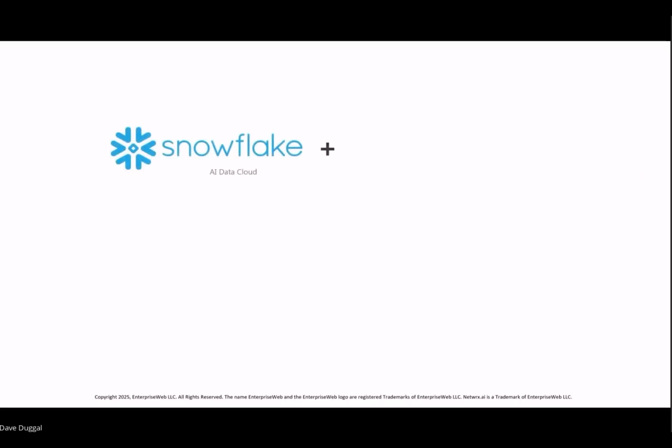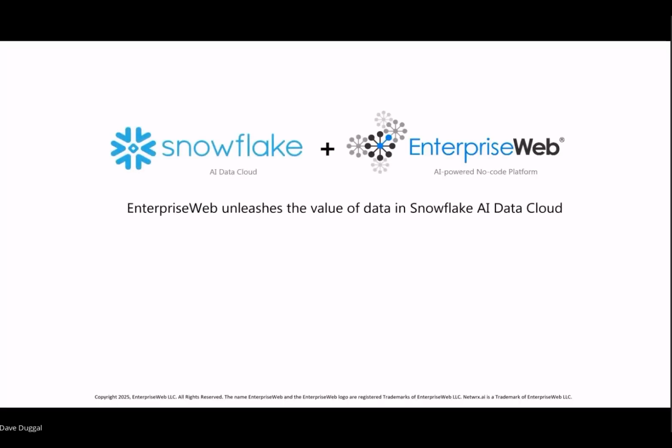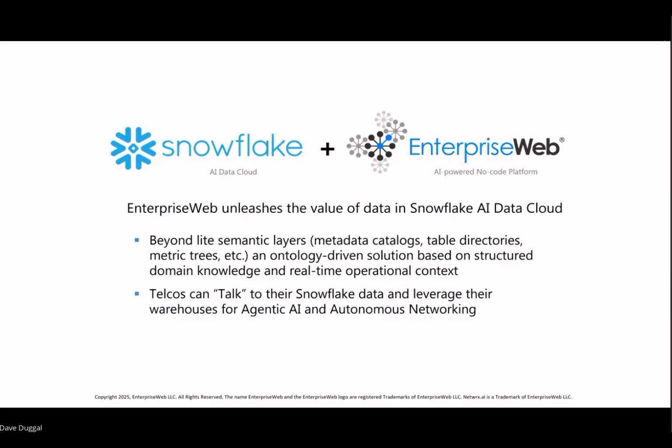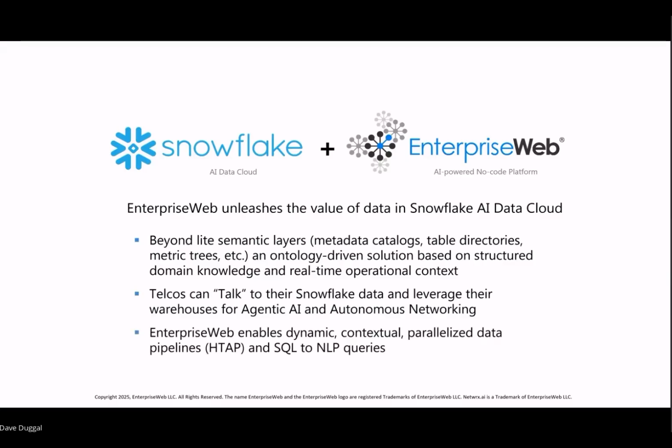So in our demo today, it's going to be Snowflake and EnterpriseWeb, and how we unleash the value of Snowflake AI data in the Snowflake AI Data Cloud. Of course, we can do this on-premise as well, but it's going to show you how we go beyond semantic layers, how you can talk to your data, and we can support very powerful queries, even over SQL.